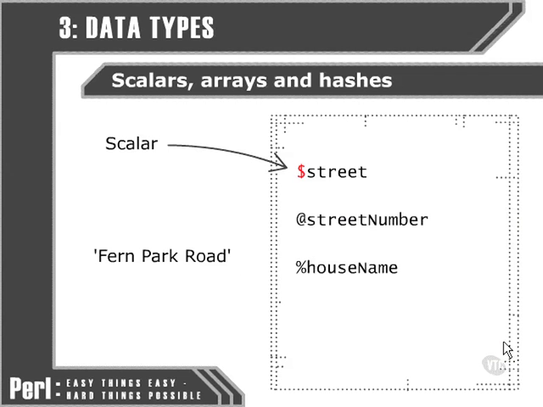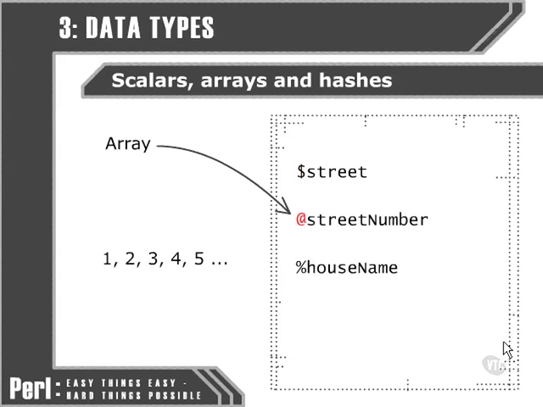However, in order to further identify our house, which is what all of these variables relate to, we could identify it by looking at the street number. Now the street number is an array because there's more than one number within the street, and each of the elements in the array are sequentially ordered, 1, 2, 3, 4, 5, and so on.